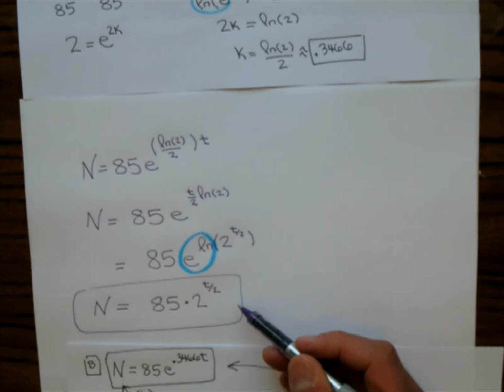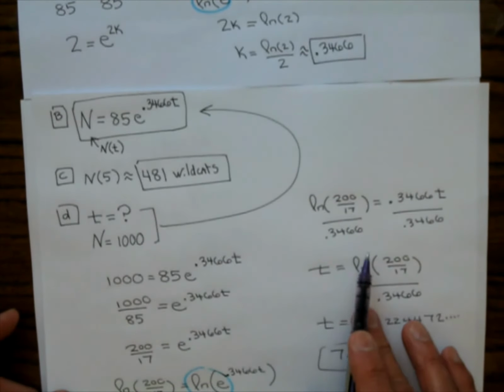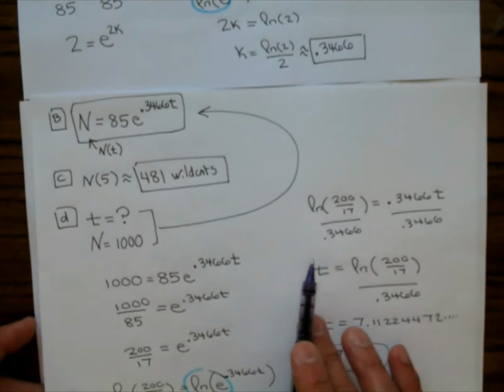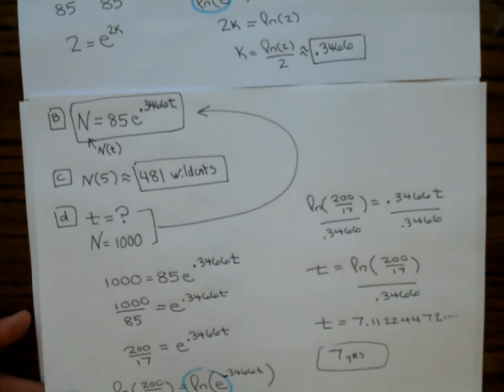Yes and no. In terms of calculations, especially in terms of doing problem D, the formula we have here is better because it has an e, and notice when we ln both sides, that thing goes pop.